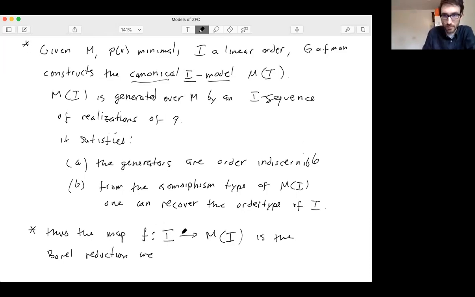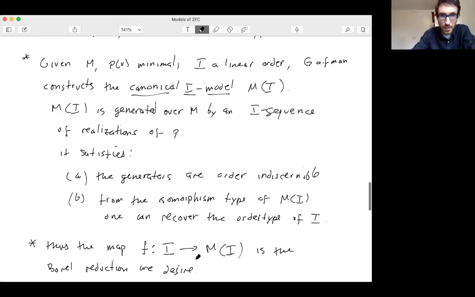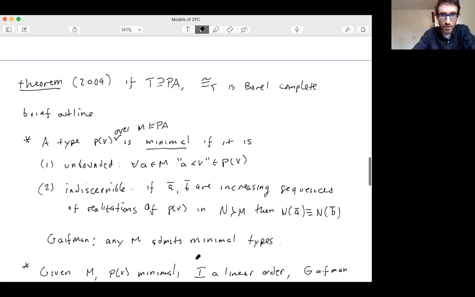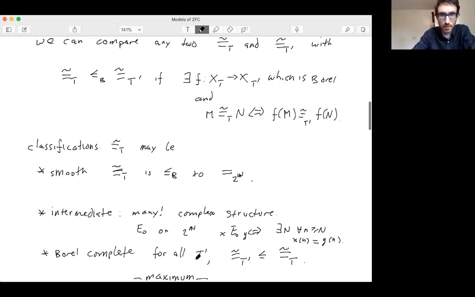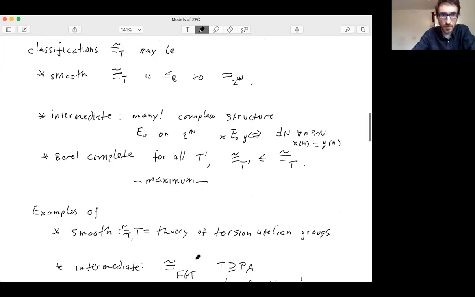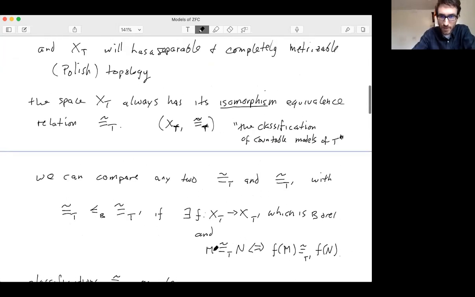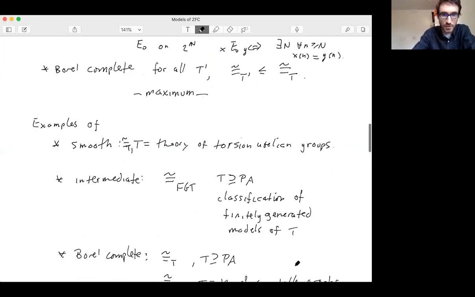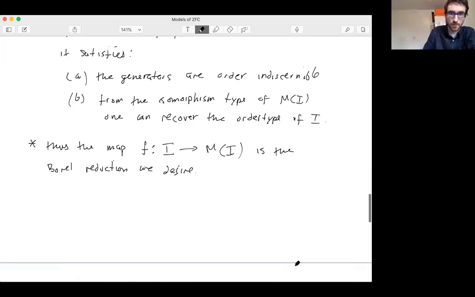So we're just going to reduce something known Borel complete to this class of models. Now to show that something's a Borel reduction, there's a biconditional up there. So I lost it, I suppose. Oh yeah, here it is. You have to have that two linear orders are isomorphic if and only if the two models they generate are isomorphic. And that's just this a and b. So for this direction, we use a, and for this direction, we use b.